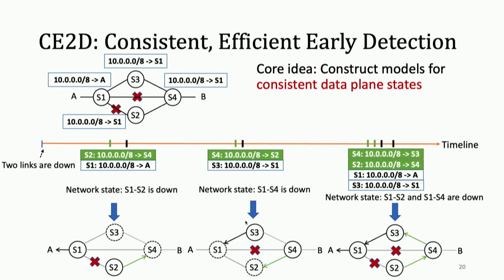So in order to do that, we use a trick to define a synchronized node. Each node, upon a network state change, will generate a bunch of updates. So each switch, or each agent on the switch, is responsible for batching all these updates together and sending them to the verifier, and telling the verifier, I'm done with sending you all the updates I have for this specific network state.